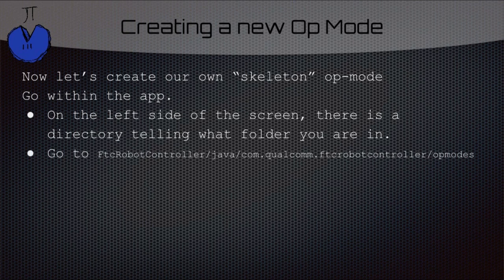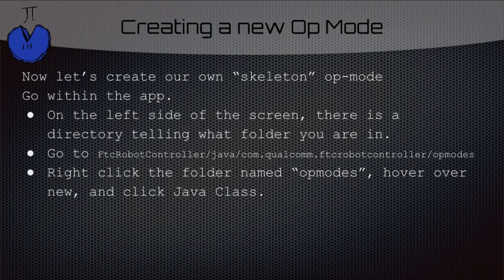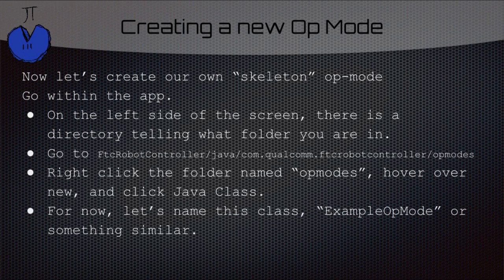You're going to want to go to this directory location. I'll show you how to get there in just a second. Right-click the folder named OpModes and do New Java Class. For now, just name it Example OpMode or something similar. You can name it anything you want, but I'm just going to name mine Example OpMode.